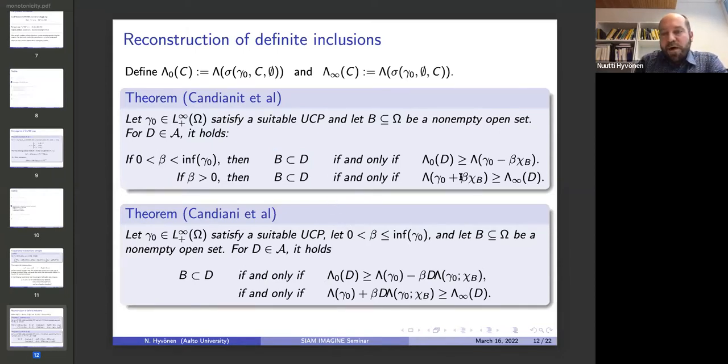And then for an ideally conducting inclusion, if you want to know that there's an ideally conducting inclusion, then you can once again take test inclusions, and you have an if and only if relationship.